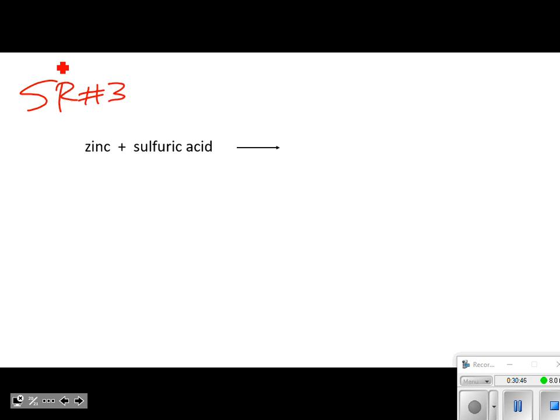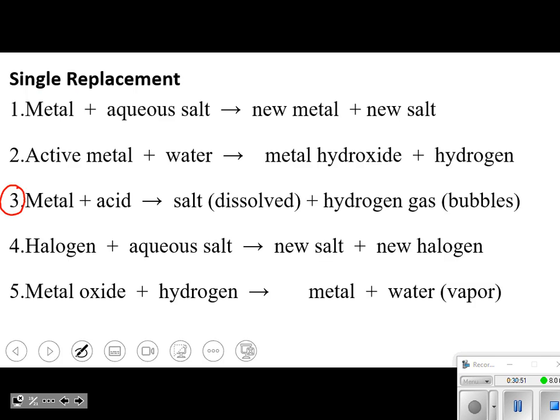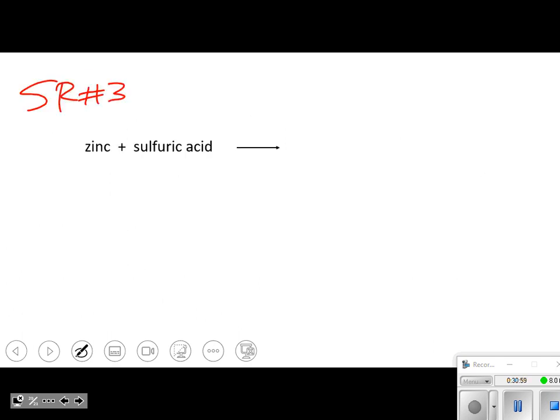Now a single replacement number 3, zinc and sulfuric acid, is going to give me a salt and hydrogen gas. So what is, let me get this caught up, zinc, this is acid rule number 3, sulfuric gives me sulfate, H2SO4.